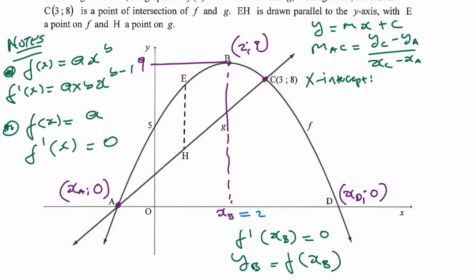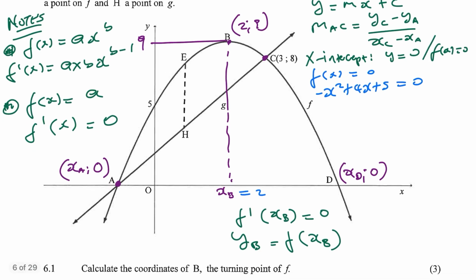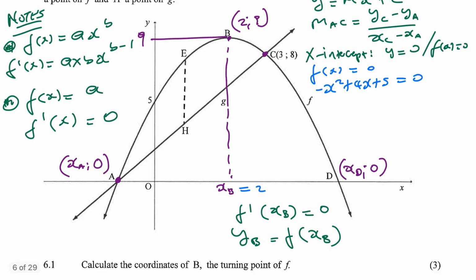For an x-intercept, you let y equal 0. So in this case, we're just letting f of x equal 0. So you have negative x squared plus 4x plus 5 is equal to 0. And then we're just solving for x here.